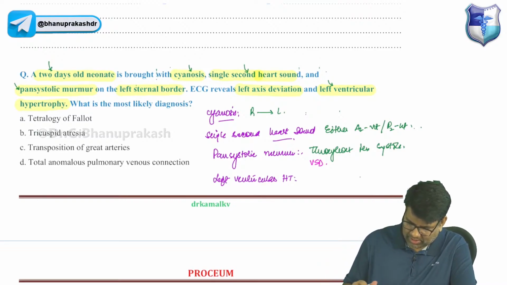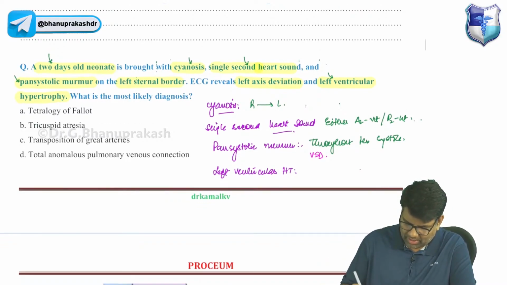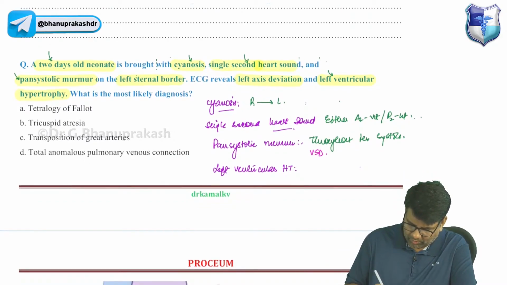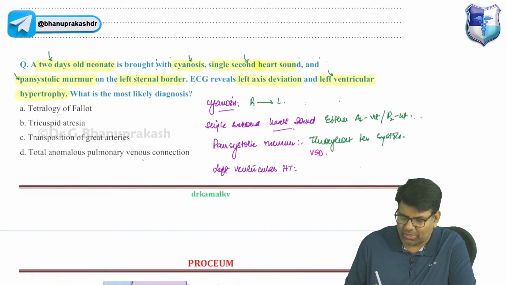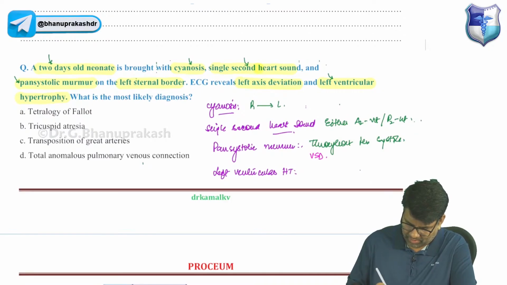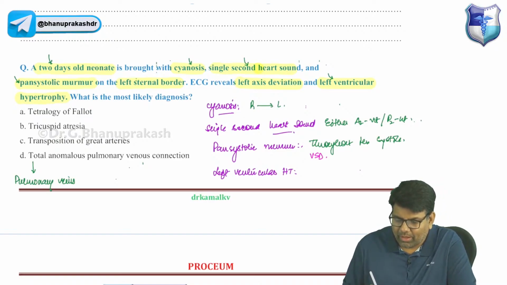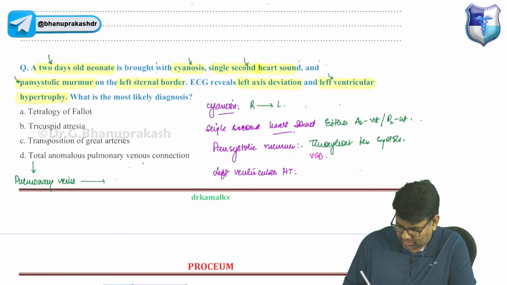Now in all these conditions, if you look properly, now what is TAPVC? Any idea what is TAPVC? In TAPVC, there is connection of pulmonary veins which are carrying oxygenated blood to either the bigger veins like superior vena cava.